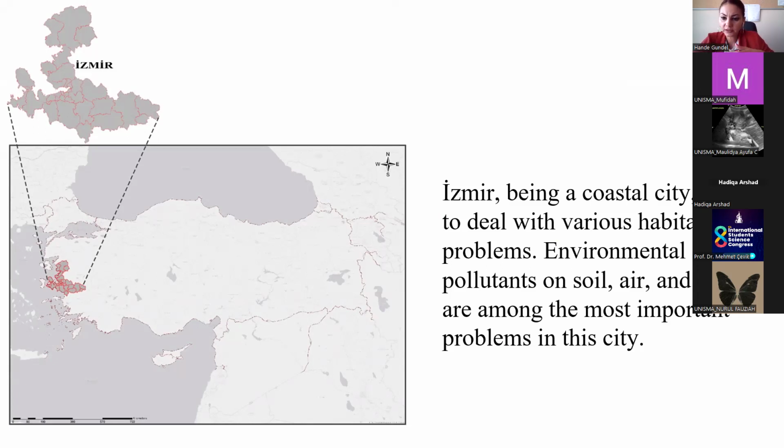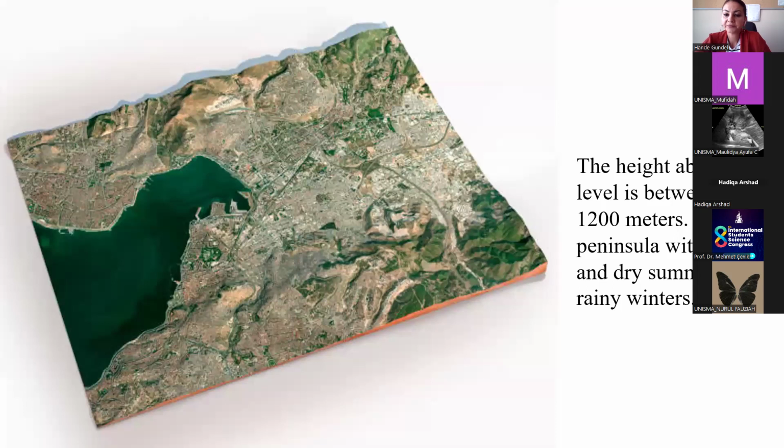İzmir, being a coastal city, has to deal with various habitat problems. Environmental pollutants on soils, air, and water are among the most important problems in this city. Coastal erosion, water pollution, pollution of natural resources, and air and sea pollution due to uncontrolled migration are among the problems seen throughout the city.